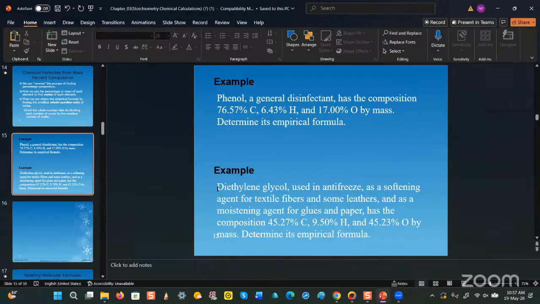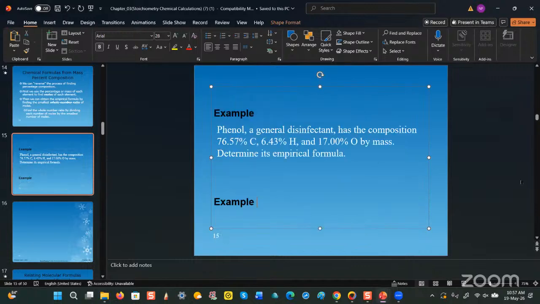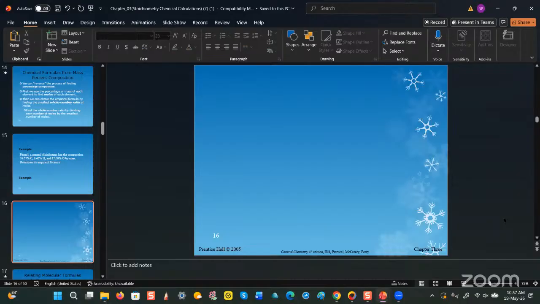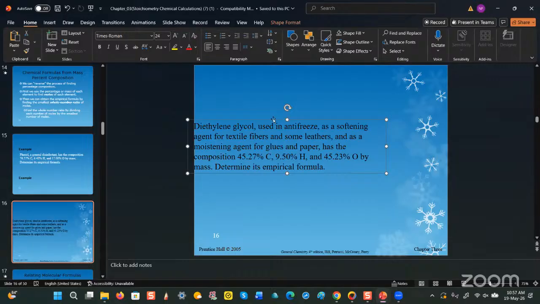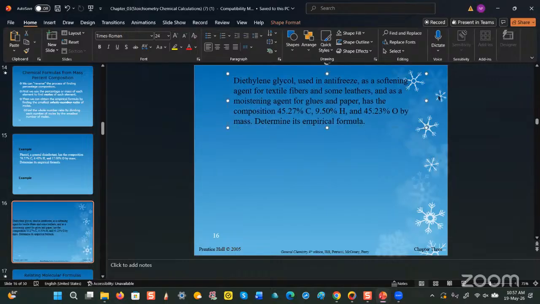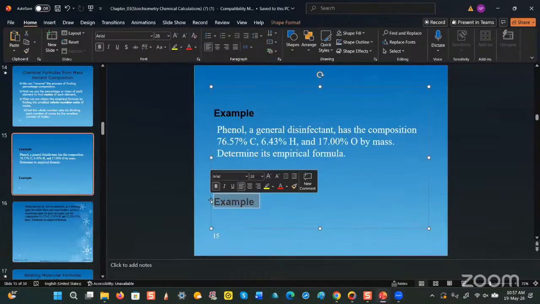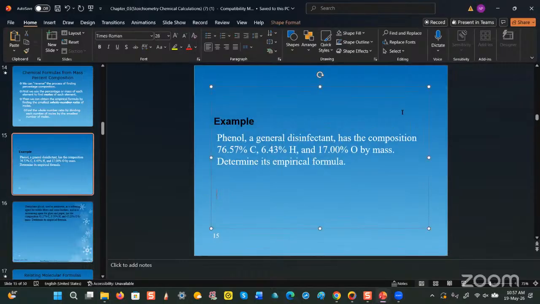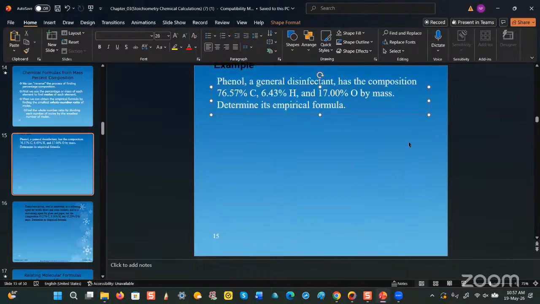And let me copy this here and paste it on the next slide. And let me go back to the previous one. Let me take this out. Okay. I hope I have enough space down here to do what I plan to do.